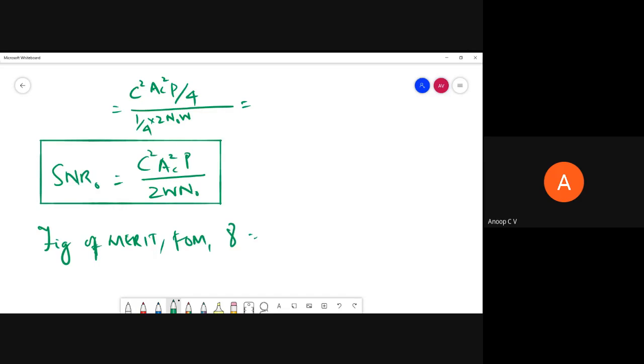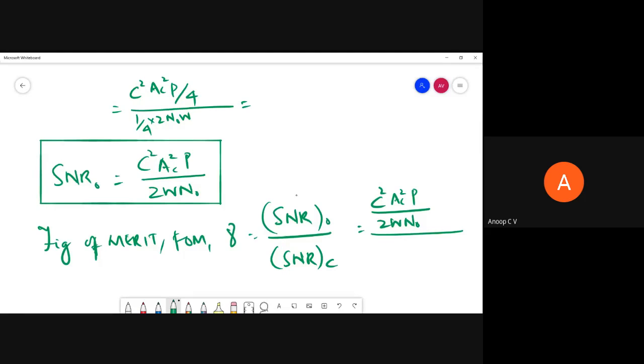This gamma is equal to SNR at output divided by SNR at input, or channel SNR. So SNR at output is C square AC square P divided by 2W N0. This entire thing is divided by what was the SNR in the channel?